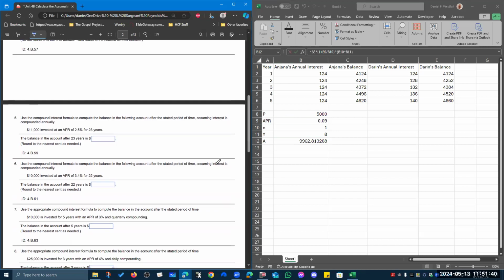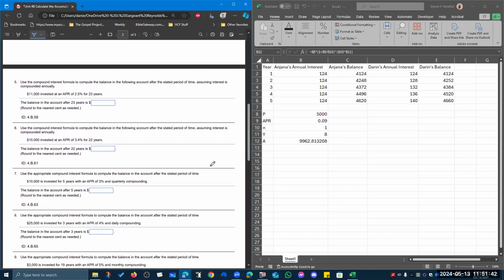Let's just change this up for the next problem. The formula doesn't change. So now this is 11,000 and 2.5% and 23 years, which is going to be 19,410.72.